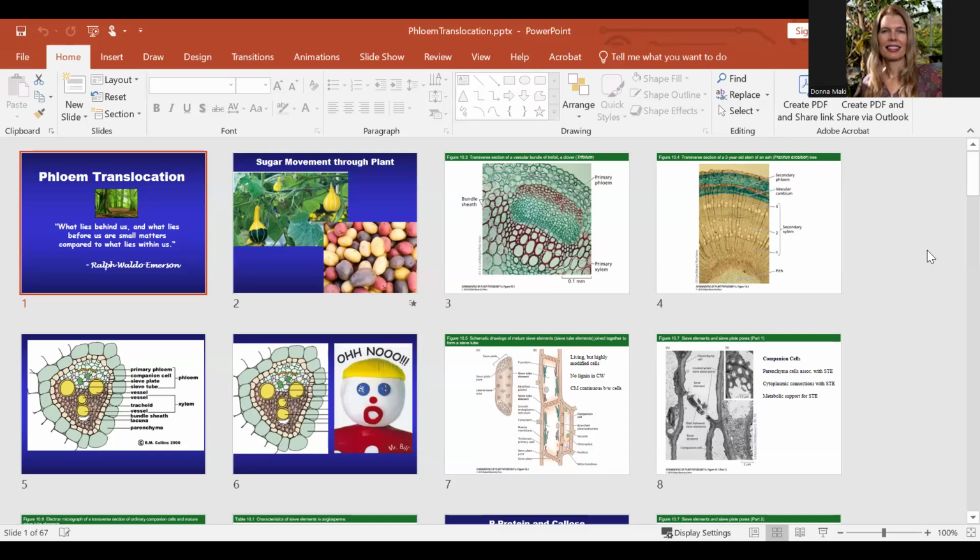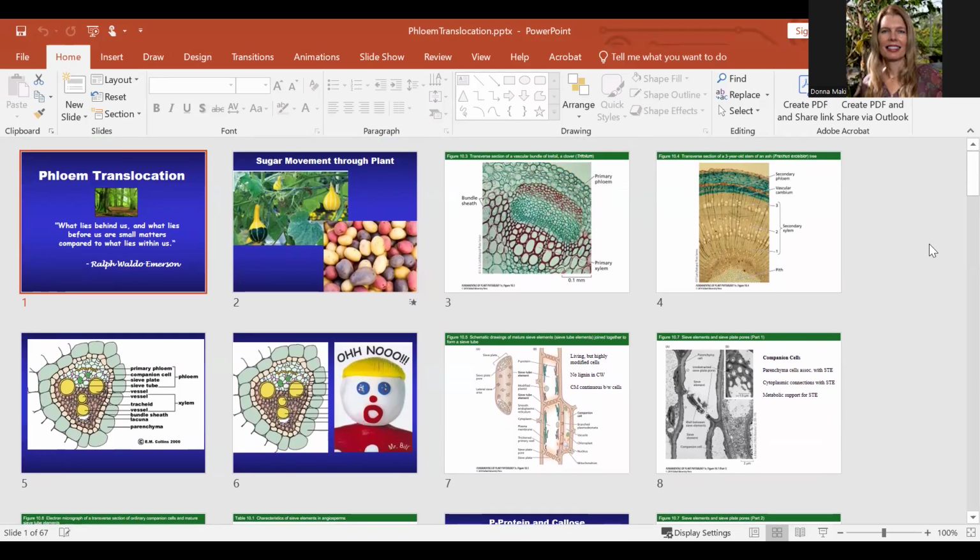So phloem translocation, we're looking at once the plant is done doing the Calvin cycle and you finally get some sucrose that can be sent to other parts of the plant body. Now we're talking about phloem translocation.